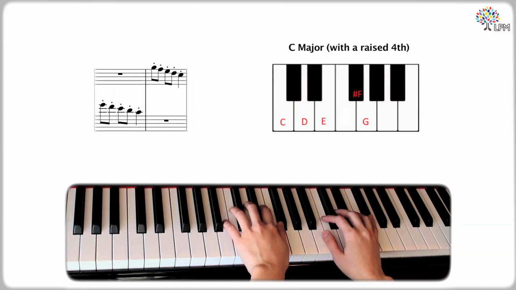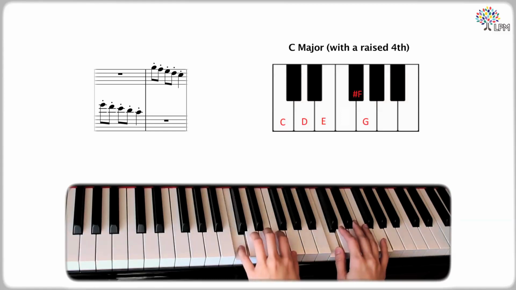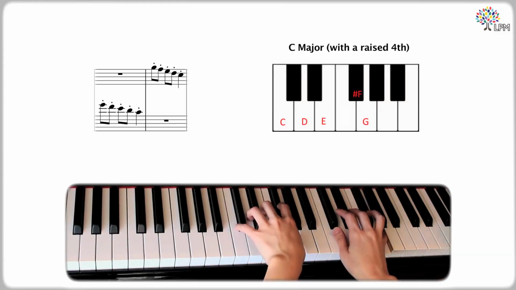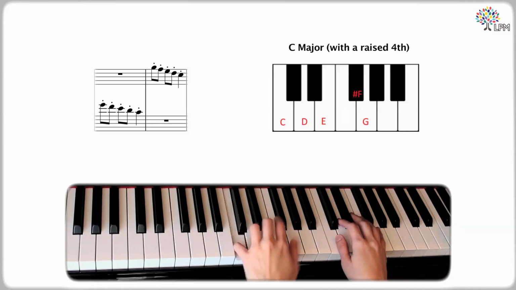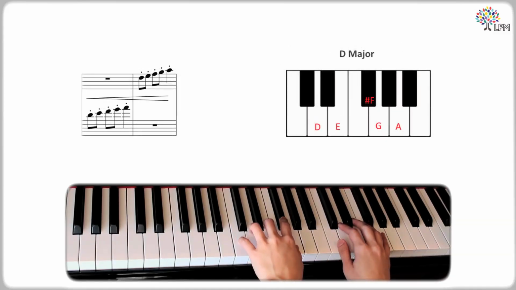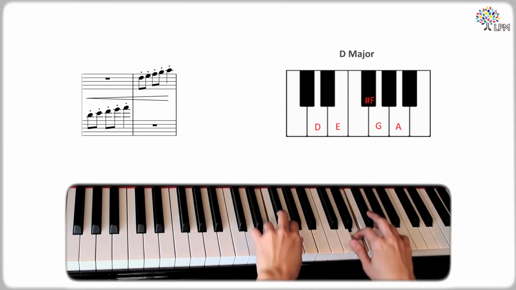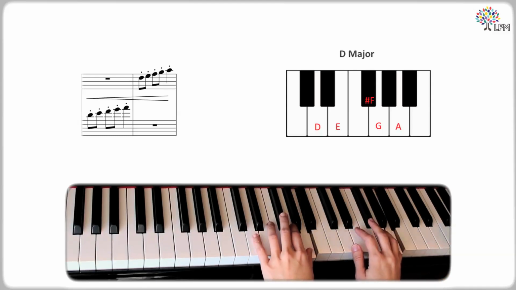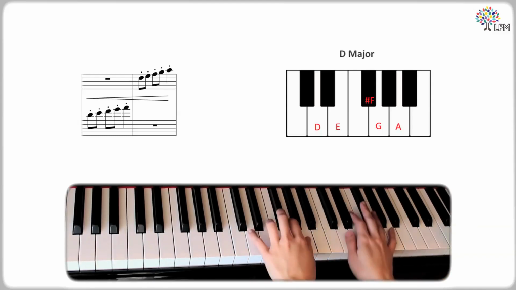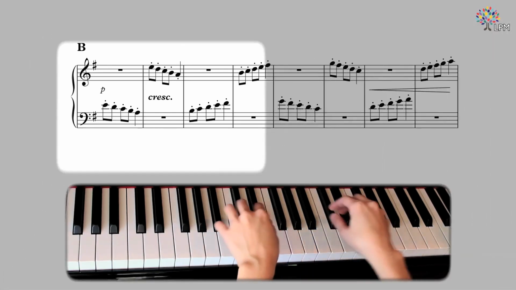Measure 5 and 6 moves up to C position with a raised 4. Measure 7 and 8 moves up 1 more to D position. So as you can see, we simply move up 1 position every 2 measures.